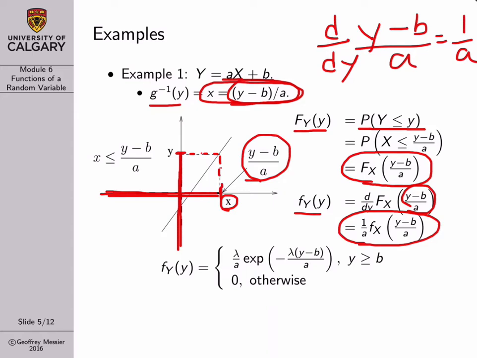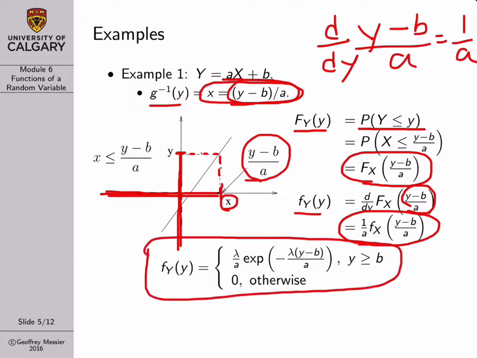So all we do is take the PDF of x, substitute y minus b over a everywhere where we have a little x, and then scale the whole thing by 1 over a. The final expression for the PDF of y is this equation I've highlighted on the lower part of the screen.